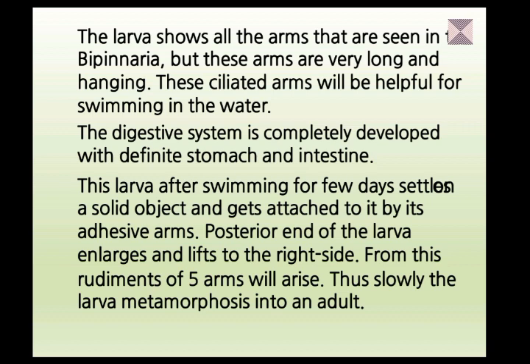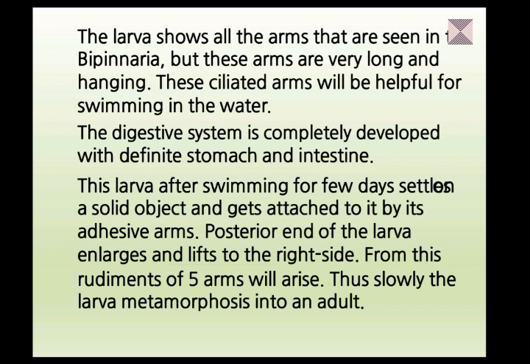Now the posterior end of the larva enlarges and lifts to the right side. Now this is a very important point. From this rudiment, which we have seen in the previous picture, on the posterior side, rudiments of 5 arms will arise. So that will be the point from which 5 arms will arise.